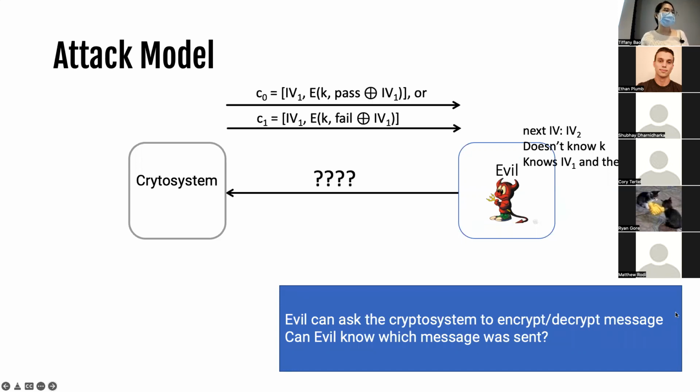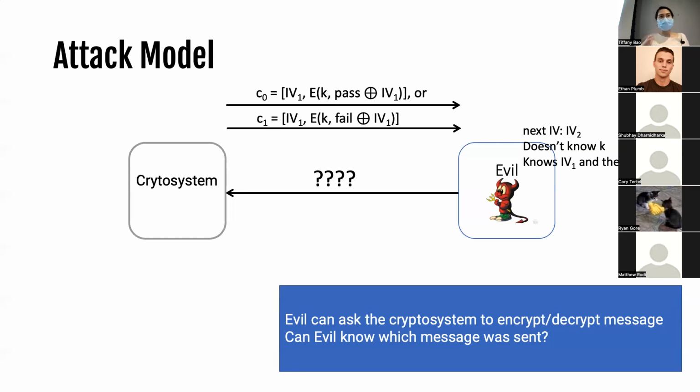So for example, suppose that Evil knows that the crypto system is going to send something out, like a ciphertext. It could be either pass or fail. Think about a student getting his exam result from the crypto system. I am sending the encrypted message to the student containing the student's exam result.